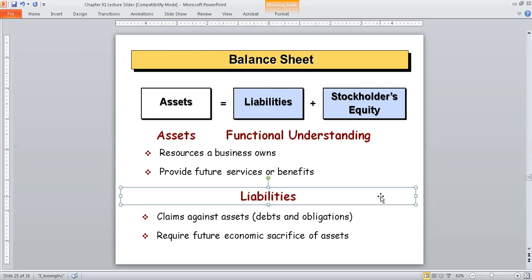But it is important to understand that assets represent future usefulness. An asset is a resource that has not yet been used. It's a resource that the business is going to consume or use in the future. And why are they going to use it? To engage in operations.